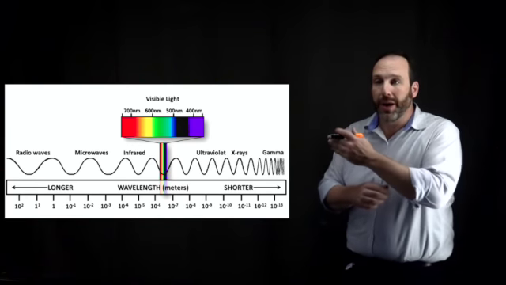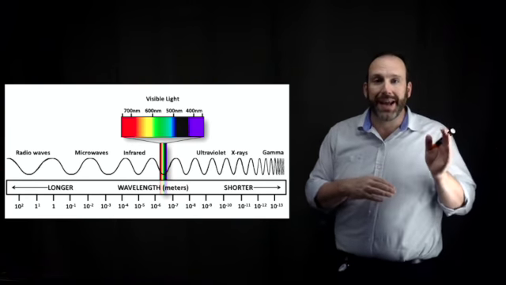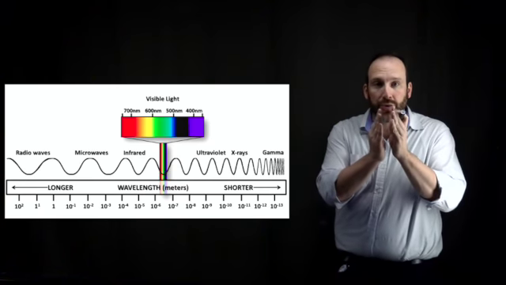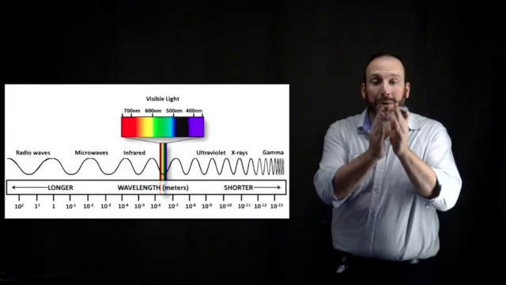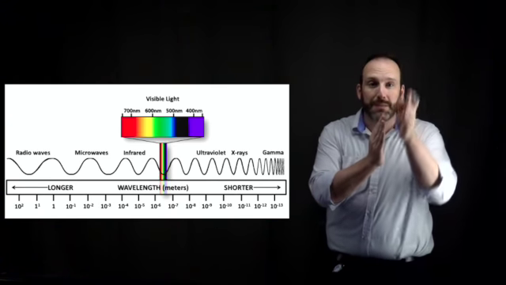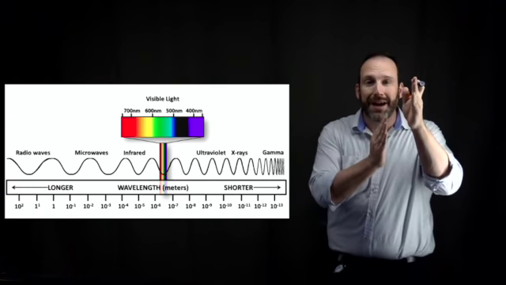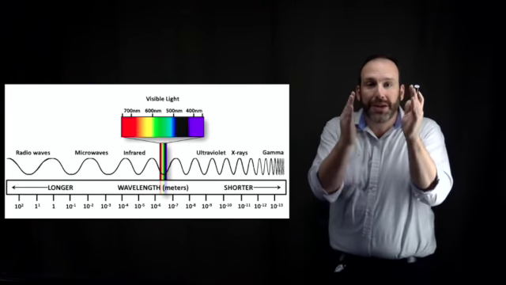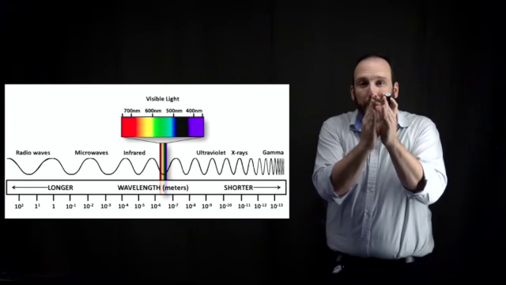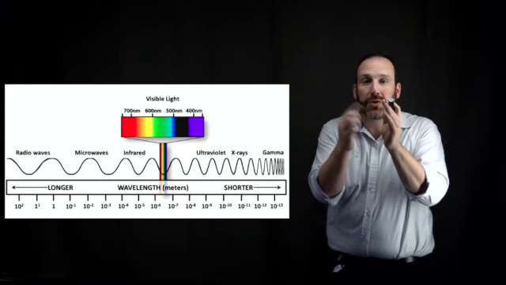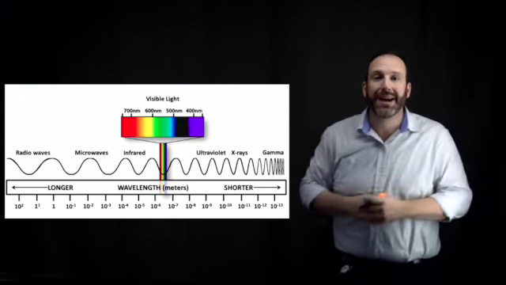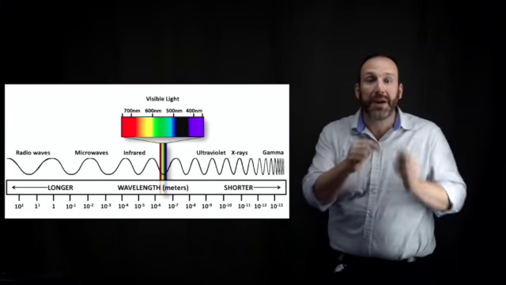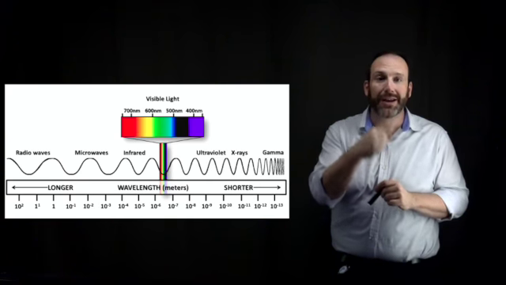As we go from radio waves on one end to gamma rays on the other end, those wavelengths are getting shorter and shorter. And so the number of those wavelengths that could pass by any given point in the same amount of time gets higher and higher. As you squish the wave together more and more, you can get more of those waves to pass you by in the same amount of time. So as wavelength gets shorter, frequency gets higher and higher.